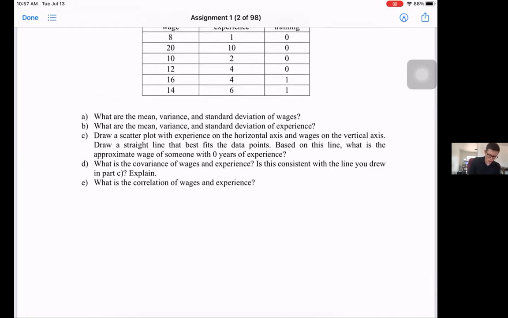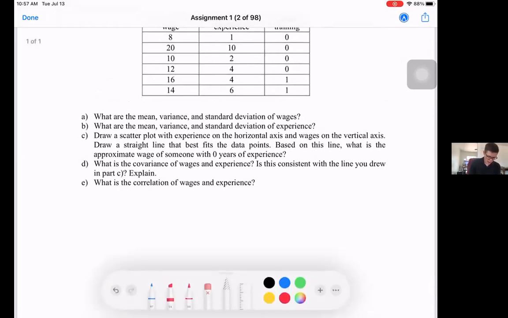Okay, so what was our formula for covariance?